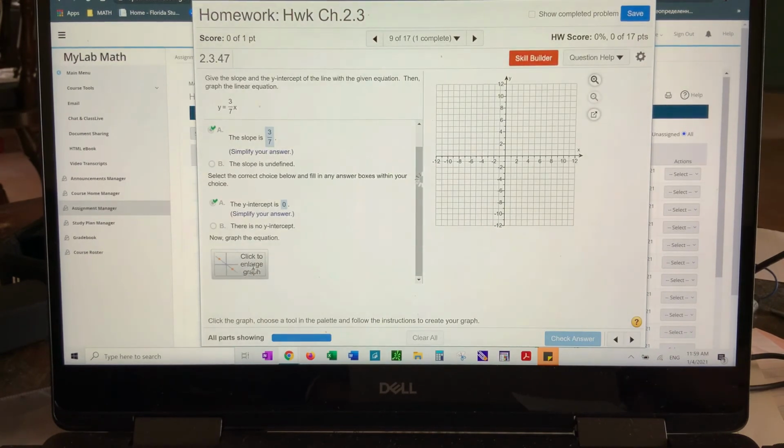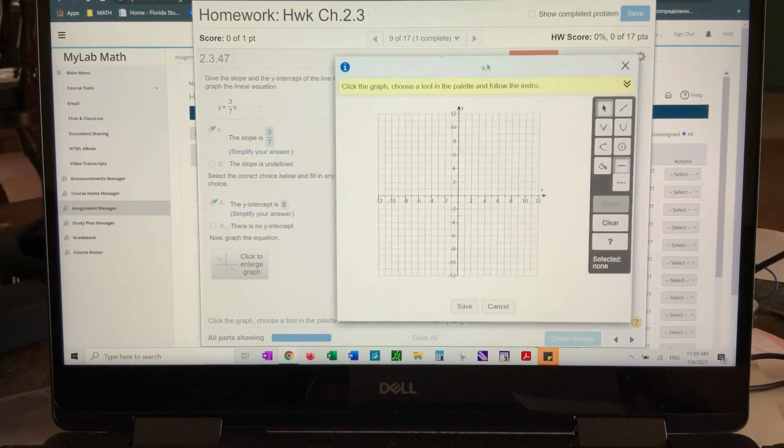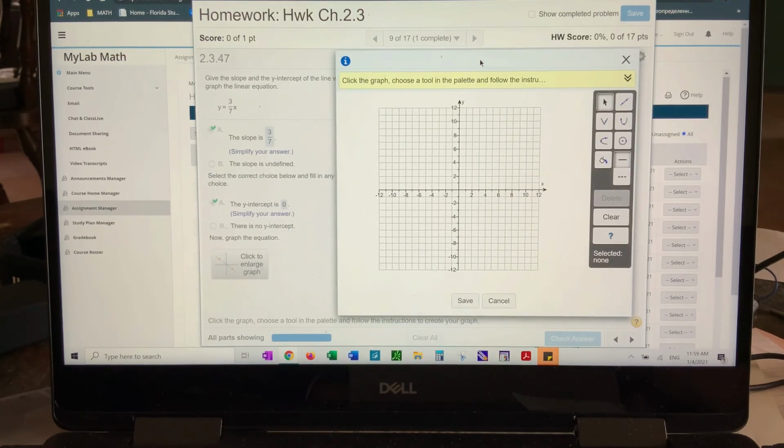Now, how we're building the graph. We know it's going to be a line because it's a linear function. So I'm clicking on this line and my y-intercept is 0, right? Click 0. And then from 0, I go positive 3 up, rise over run, right? 1, 2, 3. I am on 3, see?